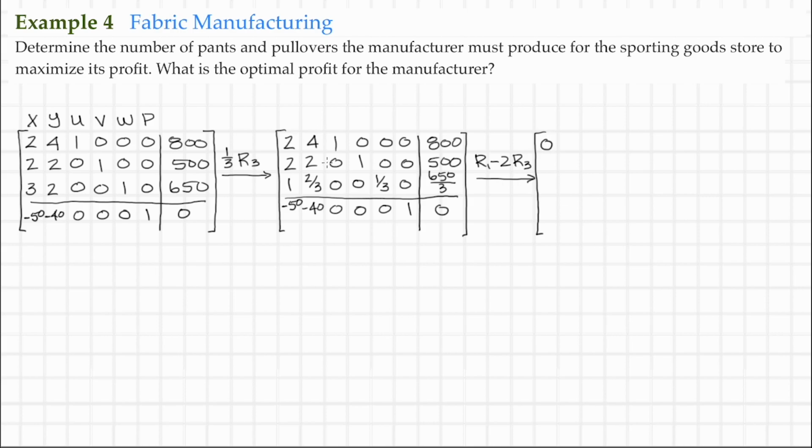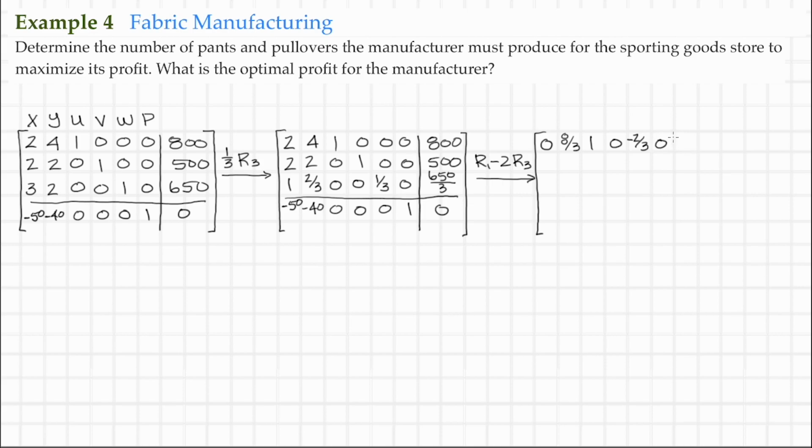Again, that's the whole reason. 2/3 times 2, that's 4/3. 4 minus 4/3 is 8/3. 0 times 2, that's 0. 1 minus 0, the 1 stays. 0, 0, and 0. 1/3 times 2, that's 2/3. 0 minus 2/3, that's negative 2/3. 0, 0, and 0.